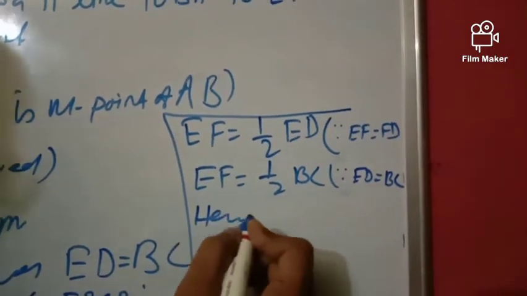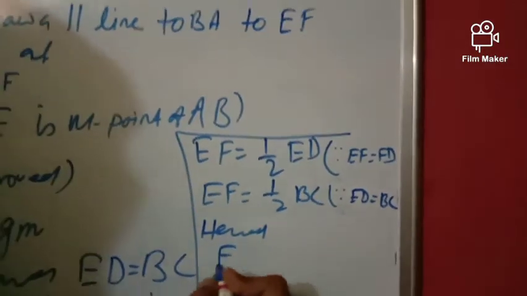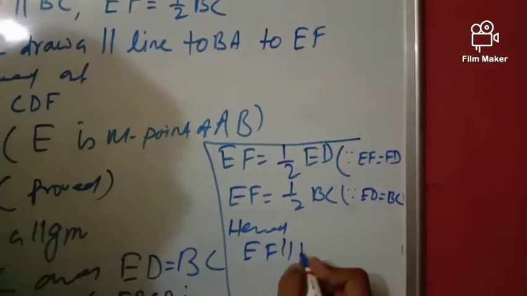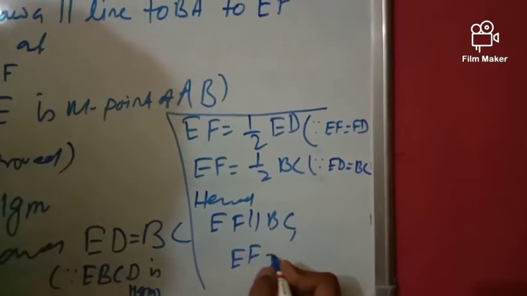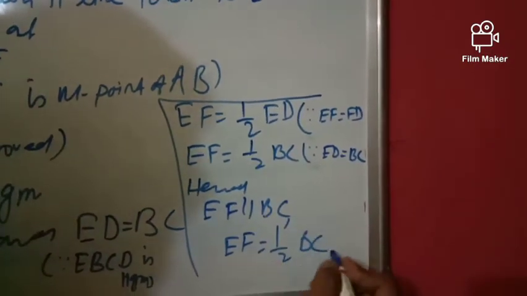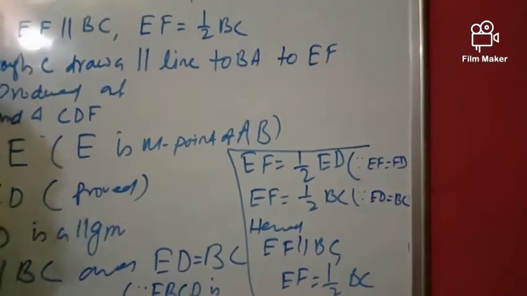Hence EF parallel to BC and EF equal to half BC. This is your theorem.